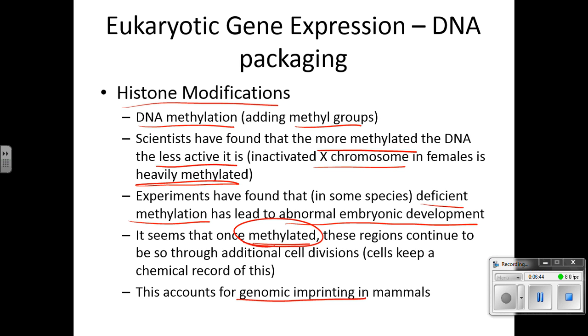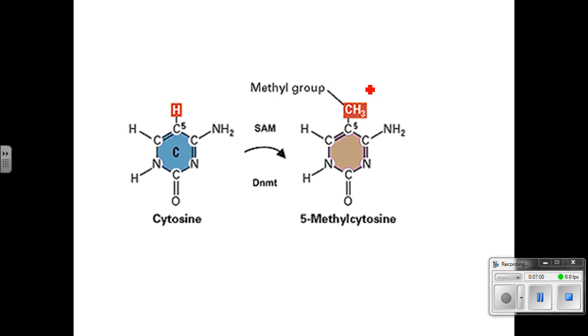And it can really impact their lives. So when you think about how the food you eat isn't really going to impact your children, it actually can. We're gonna talk about that sometime in this unit. Here's the methyl group we were talking about.